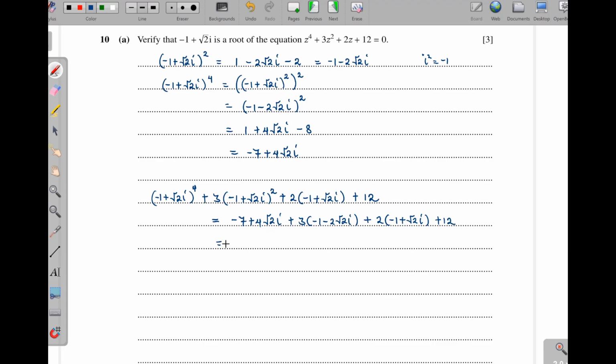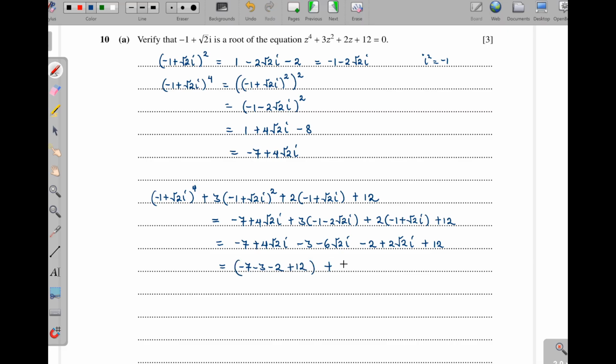Now we open those brackets. So negative 7, then plus 4 root 2i, minus 3 minus 6 root 2i, then minus 2 plus 2 root 2i, then plus 12. You see that? Now separate the real from the imaginary. So here I have negative 7, then there is negative 3, then there is negative 2, then there is positive 12.